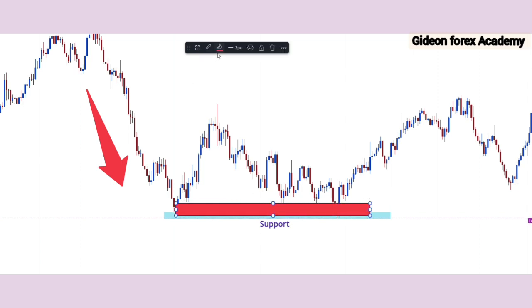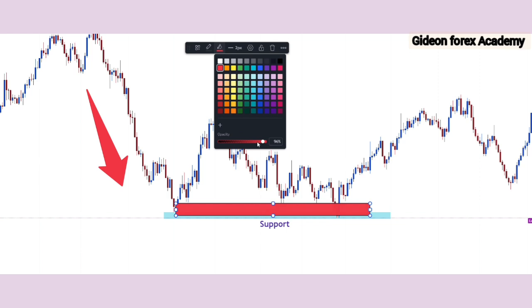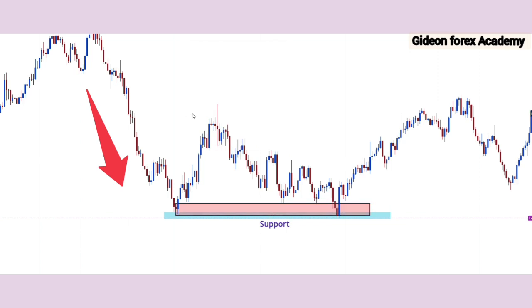The upper and lower part of that candle would be our order block, in between the wick of that candle and the upper wick. So in between here we have the order block.